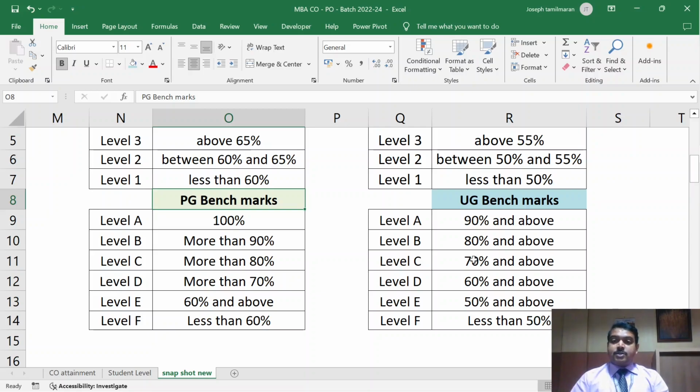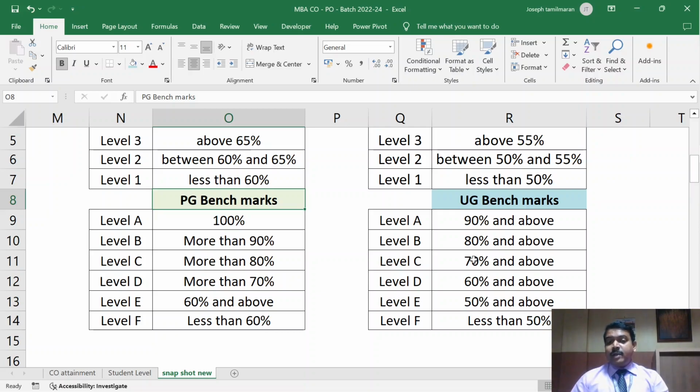To categorize, our college has kept the minimum level as level 1, which is less than the minimum benchmark. For example, for the PG program, the minimum benchmark is 60 percentage. So level 1 states that if the score is less than 60 percentage, the course outcome is not attained.